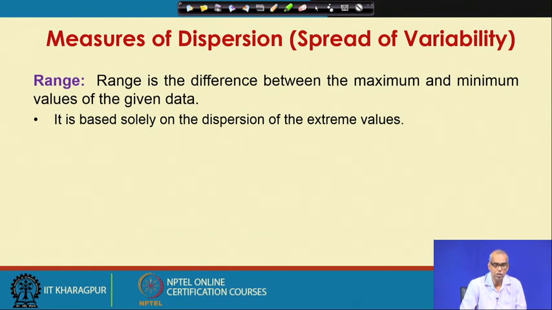So, if I take range to discuss the measure of dispersion, that is how the data is distributed or how the data is spread, one can use the definition of range, which is the difference between the maximum value and minimum value of the given data. But this is based solely on the dispersion of the extreme values, extreme high and extreme low.